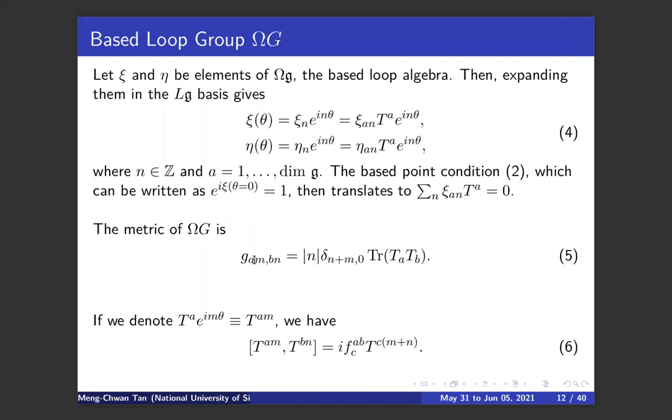So that's why there are two indices here, and then the metric is given by this thing. This is the Killing metric for the Lie algebra. And if we write this part out as this, then we have this loop algebra. It looks pretty much like the usual Lie algebra, except that you have an extra index for the space of loops.